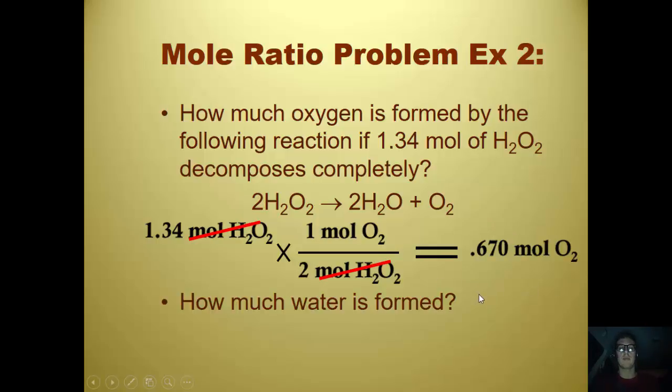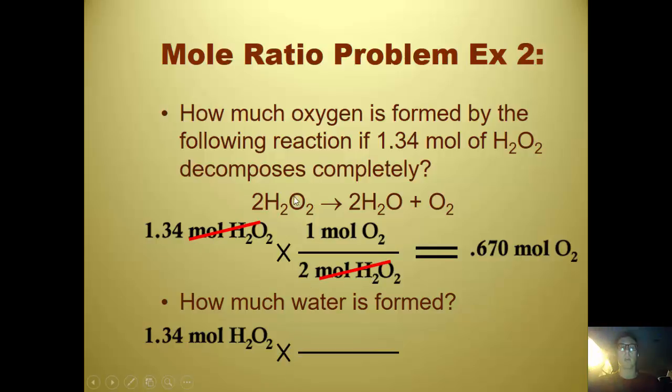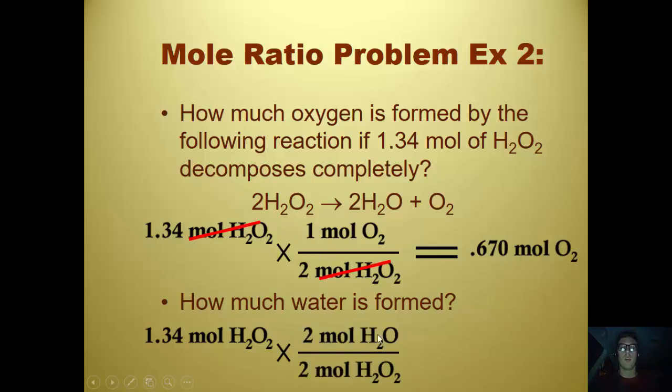Now we could ask how much water is formed. Again, 1.3 moles H2O2. We know the bottom, the denominator, is definitely going to be 2 moles H2O2 because we already grabbed it from up here. But how many moles of water? 2 moles of water. Again, the 2 comes from here. This 2 comes from there.